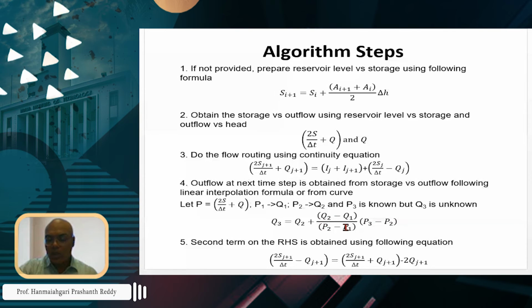This is nothing but the slope of the storage curve, because when we are applying this continuity equation, we choose this delta T value so small that the relation between inflow and outflow is linear. So delta T should be small, so that the connection between I1 and I2 is linear, and the connection between Q1 and Q2 is linear.